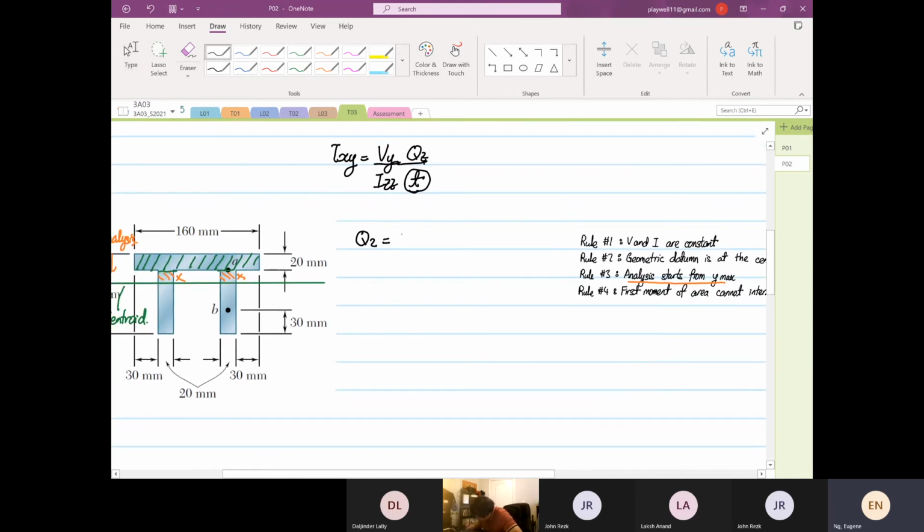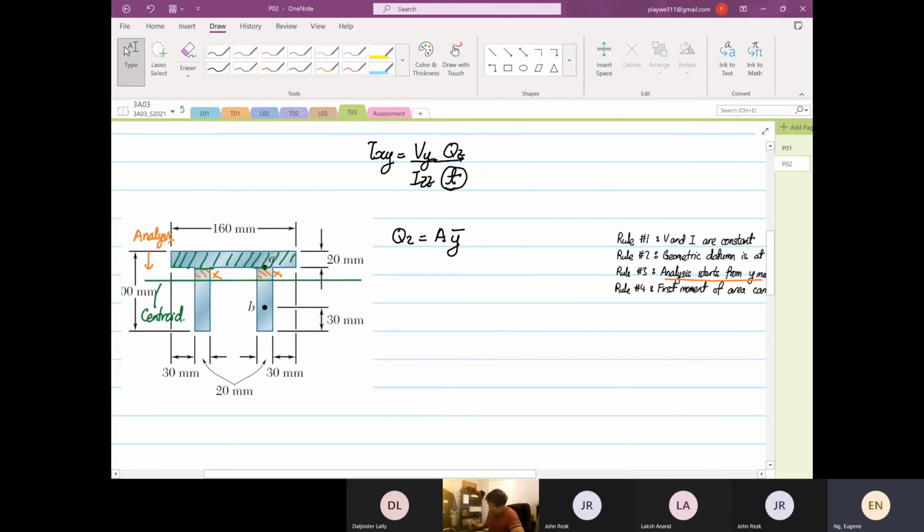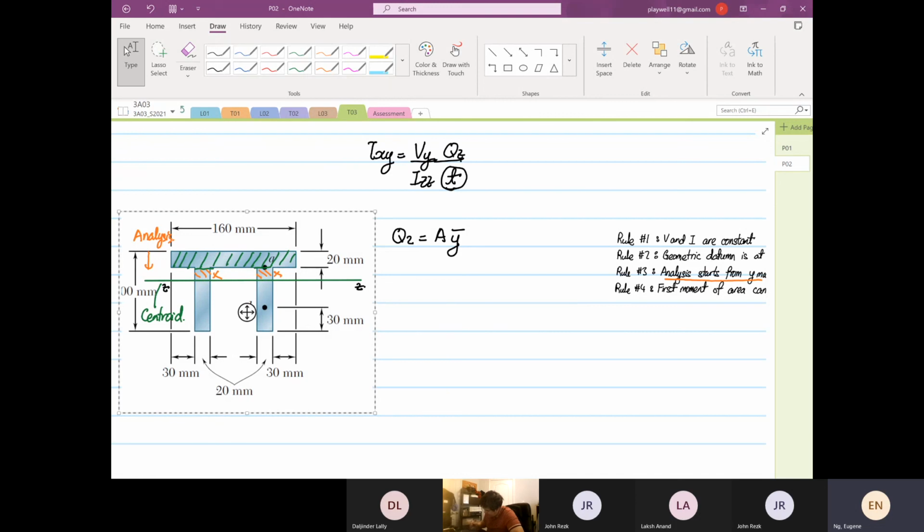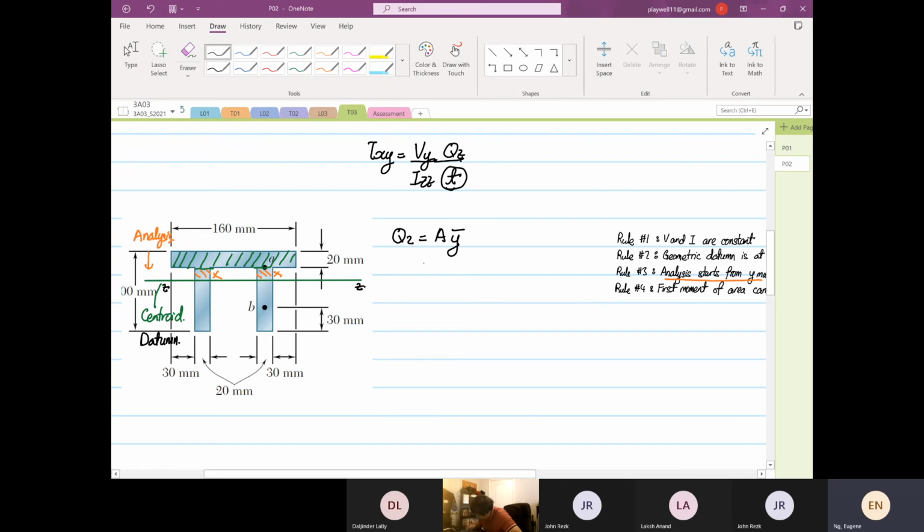So the area and then Y bar, right? Because the first moment of area is about the ZZ axis over here and it's from the centroid, which is also known as the datum. So the area: my standard practice is I like to do width, depth, and Y bar.